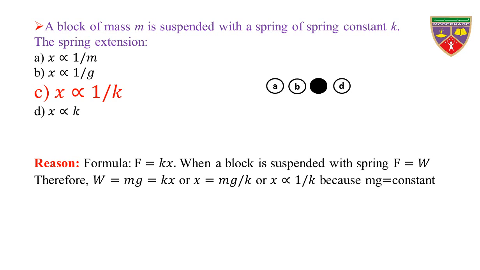When a block is suspended with the spring, F is equal to the weight of the block, which is equal to mg, or we can write this as mg is equal to kx, or x is equal to mg divided by k, or x is inversely proportional to k, because the mass of the body is constant and g is constant for the given place. Therefore, mg is equal to constant. Hence, the spring extension x is proportional to 1 by k.